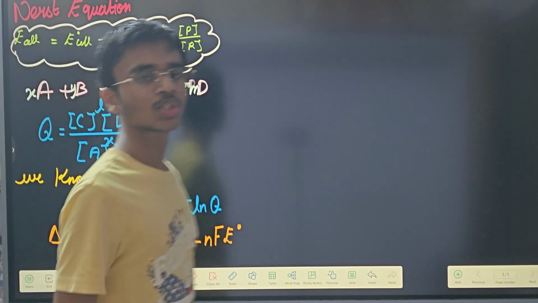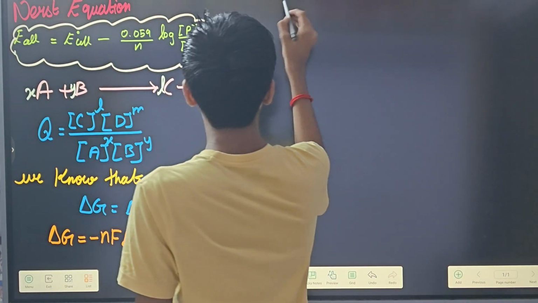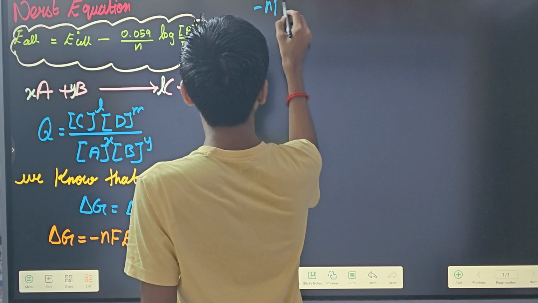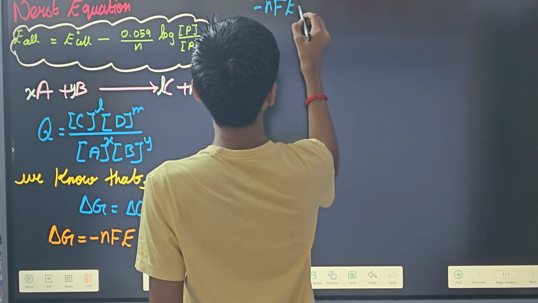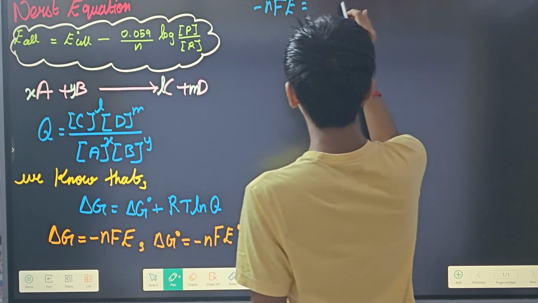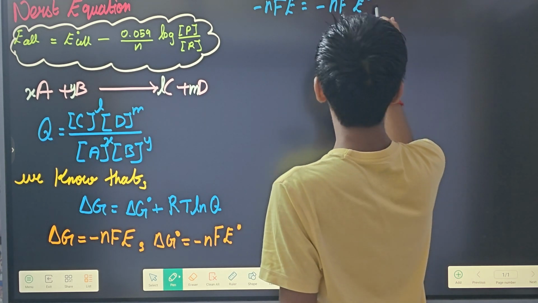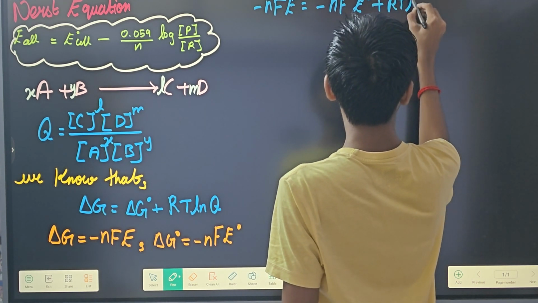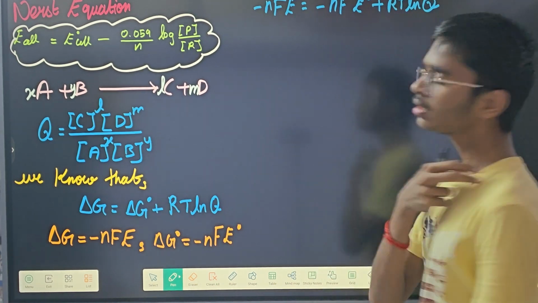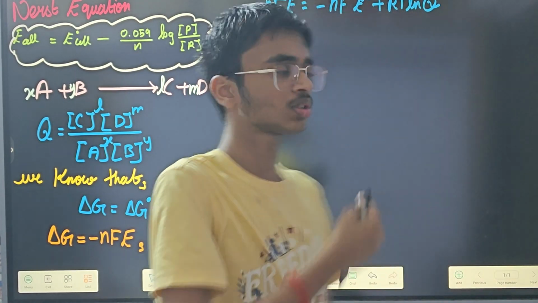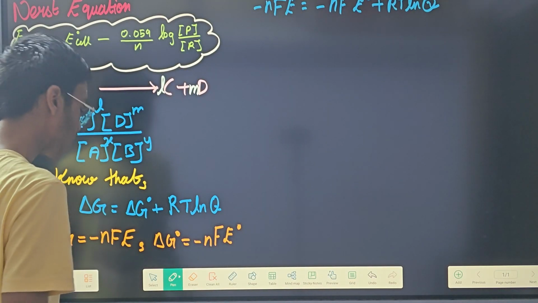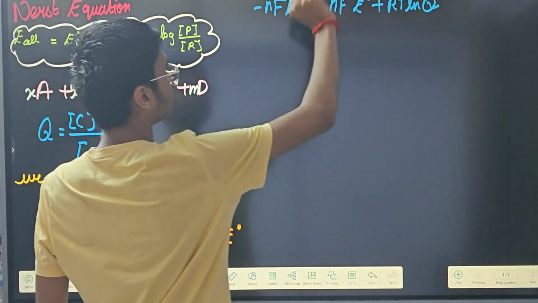Now if you substitute it over here, then minus NFE is equal to minus NFE naught plus RT ln Q. So this is what you have got. See, NF is there, right?